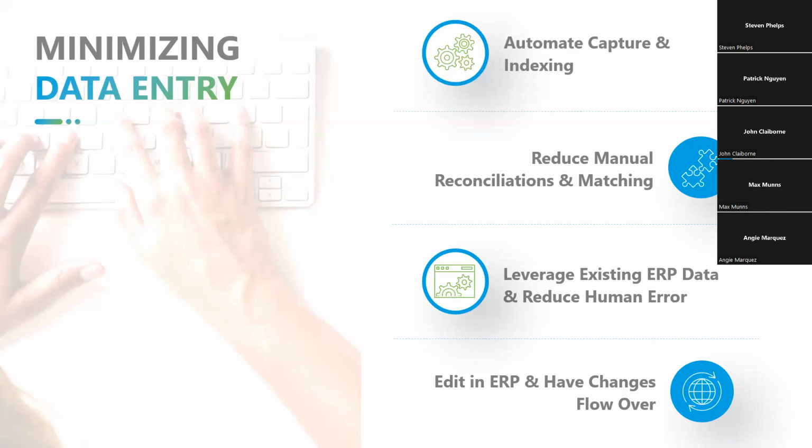The software can do it all for you, and you're only managing by exception, right? Leveraging the data that's in the Sage ERP system, reducing human errors because the software is going to capture it, and only stop to ask someone to validate the data if it has a question, right?